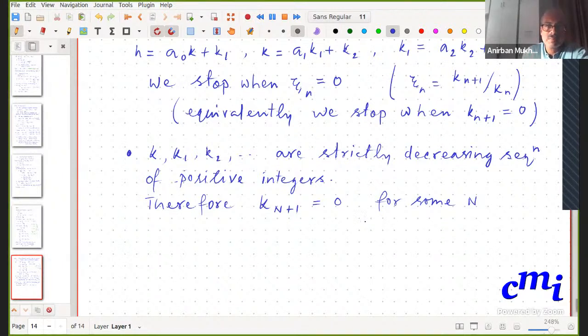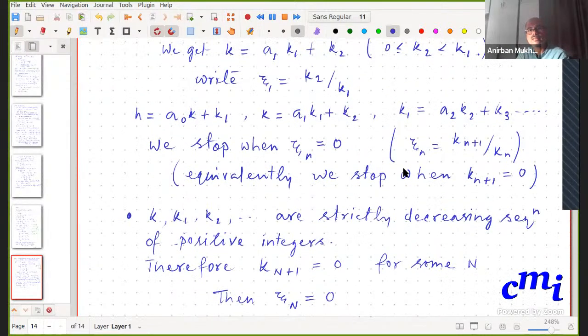And if this becomes 0 here, then our chi n is 0. That's the correspondence we have: chi n is k n plus 1 by kn.